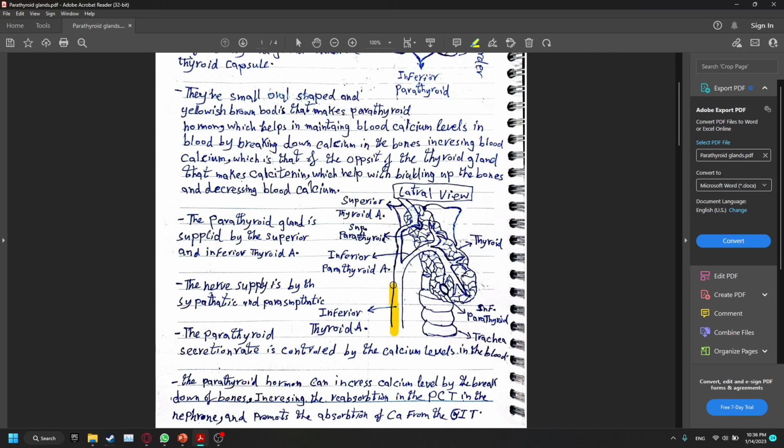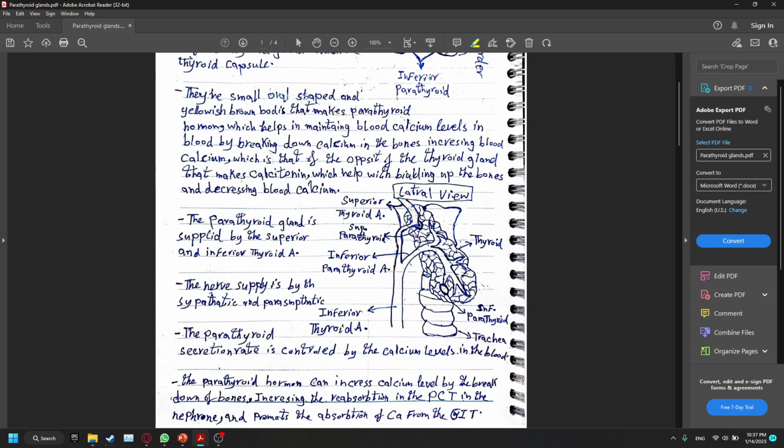So obviously the inferior and superior kind of merge like that, right? And it gives rise to the superior parathyroid, I'm sorry, the inferior parathyroid artery here that supplies the inferior parathyroid glands.